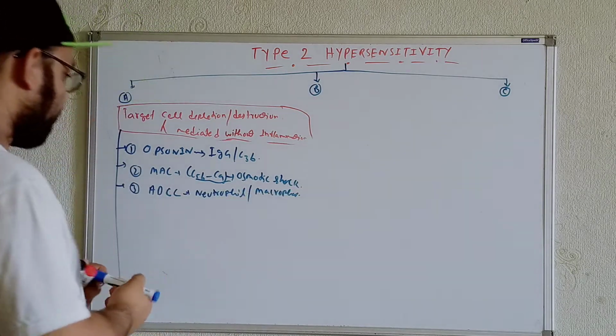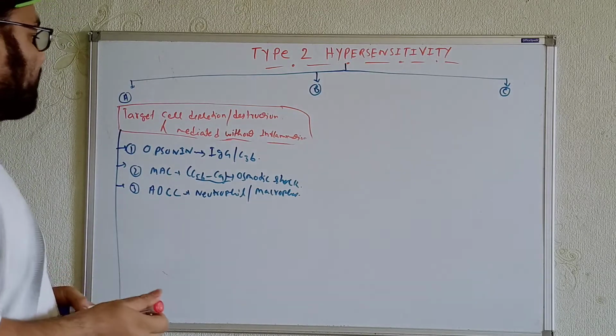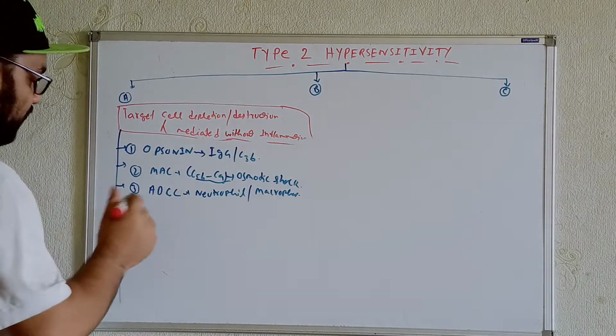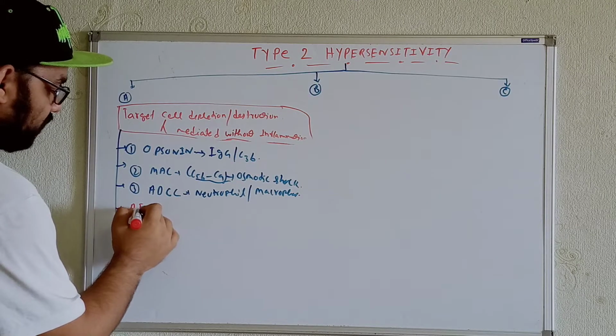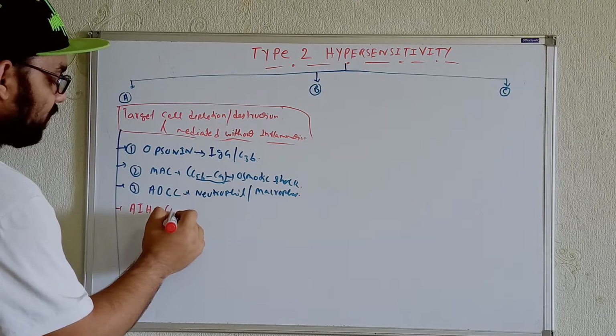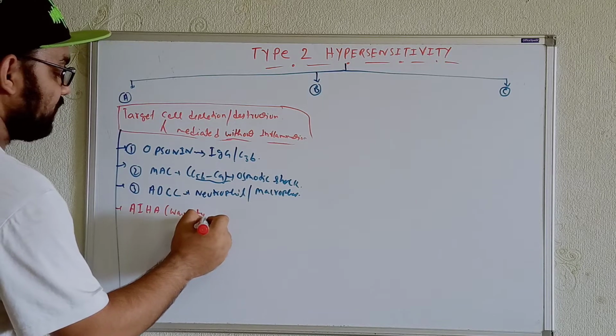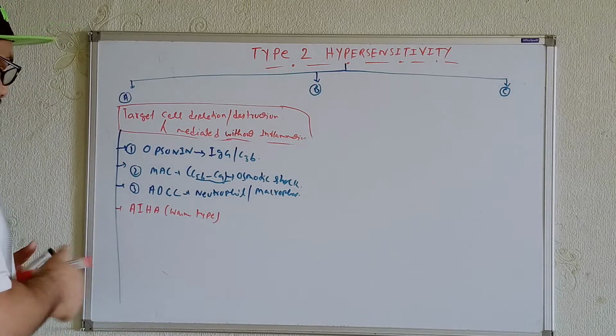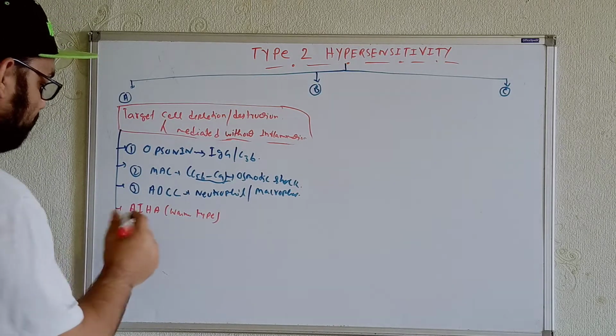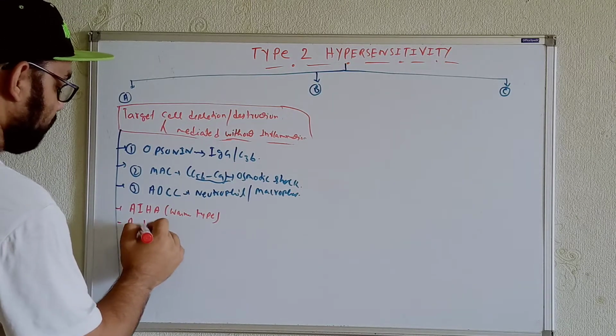And whatever we can see in terms of target cell depletion, where can we see it? We can get it in autoimmune hemolytic anemia, warm type. Warm type means this antibody is able to work at normal body temperature. Then we can get autoimmune thrombocytopenia.